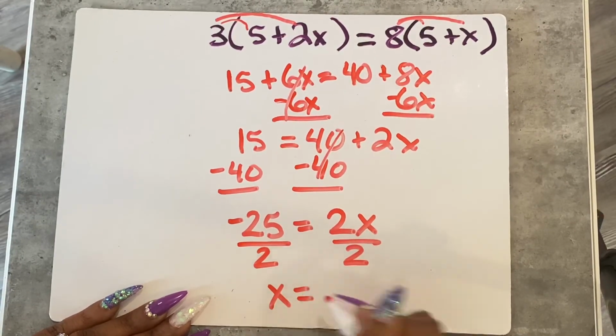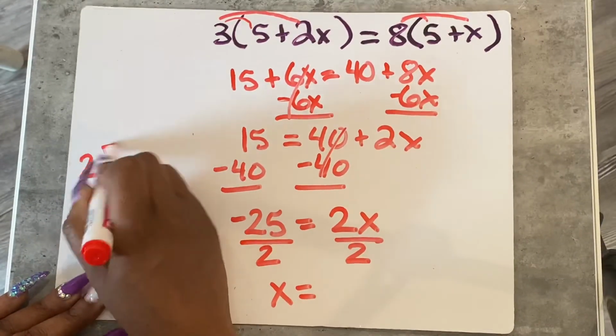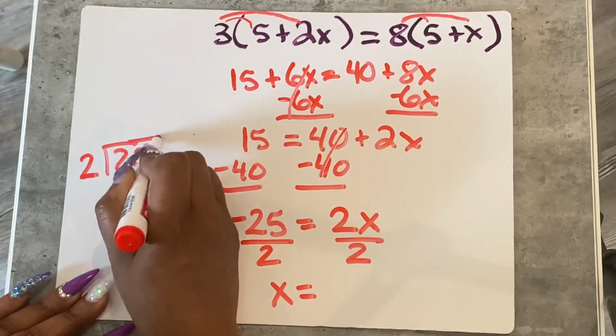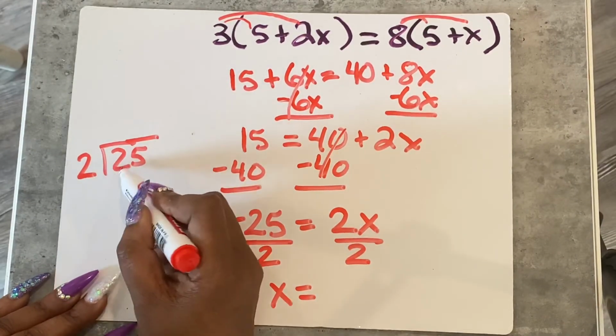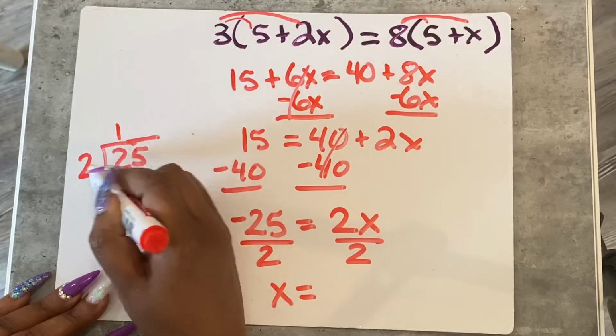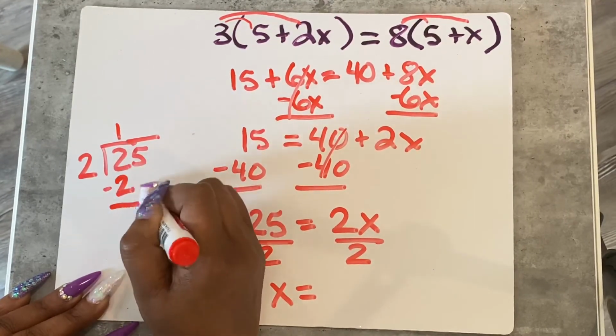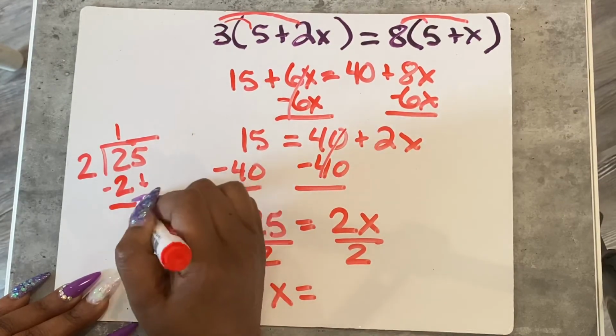And x is going to equal, so the way you do this, you can come off to the side and you can do your calculation. 25 divided by 2: 2 divided by 2 is going to be 1, because 1 times 2 is 2. That gets to 0, bring down my 5. How many times can 2 fit into 5?